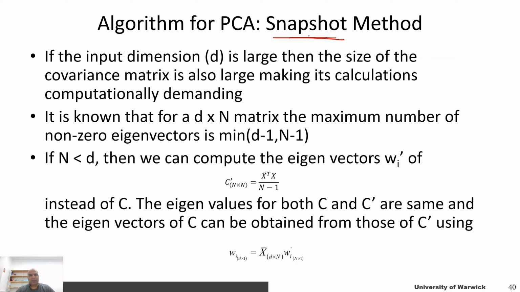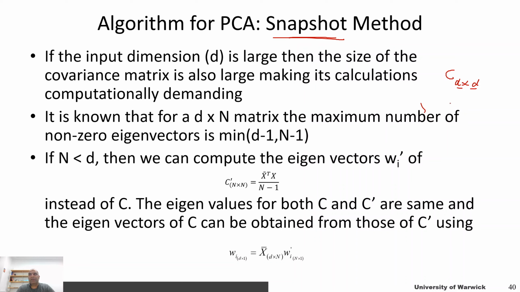I'm not going to go into too much detail of this method, but it's essentially an equivalent way of doing principal component analysis. In the original PCA implementation, you had matrices of size d by d when you were doing the covariance matrix calculation, right? And if d is large, this is not going to fit into memory.